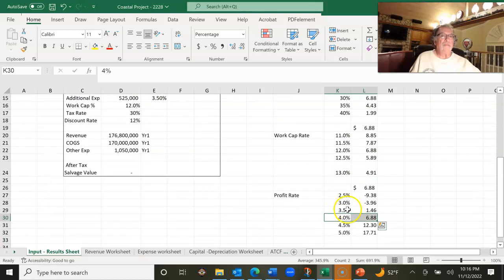The profit rate, the company doesn't have a lot of control over. If they mark it up too much, competition will allow other companies to get into the market. If they mark it up to 5%, other companies may want to come in.